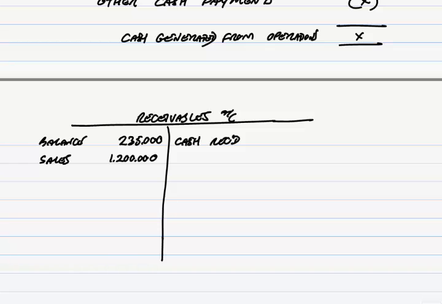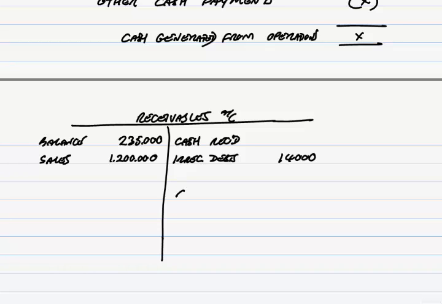But another reason it will have changed, of course, is if we've written off any bad or irrecoverable debts. And in note 1, there are bad or irrecoverable debts of 14,000. Credit receivables to remove them.